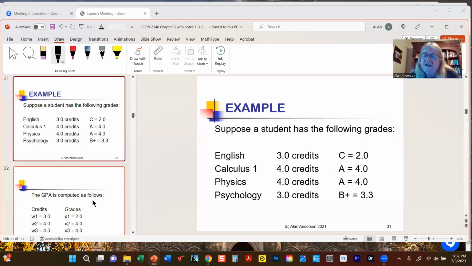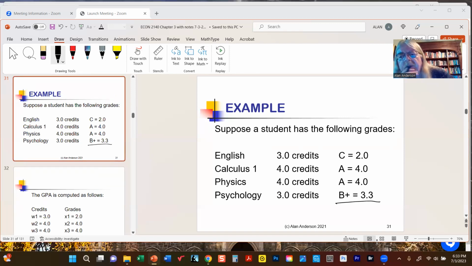So when they calculate your GPA, like here, for example, they're not going to simply add up these numbers and divide by 4. Why not? Because the calculus and physics scores are worth more than the English and psychology grades. And that has to be taken into account.